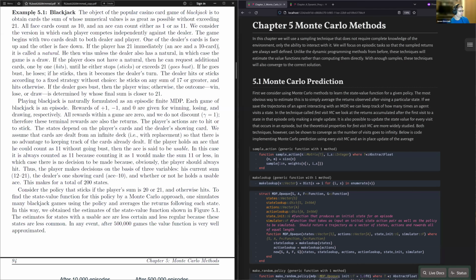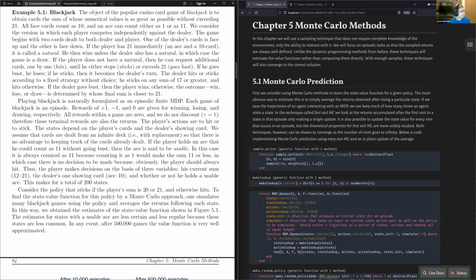So we went over this, and the chapter defines a bunch of the rules for Blackjack. The action space only has two actions. The player can either stick or hit. If the player goes bust, meaning he has a card count exceeding 21, then the episode's over. Or if the player decides to stick, the episode is also over because there's no other action to happen.